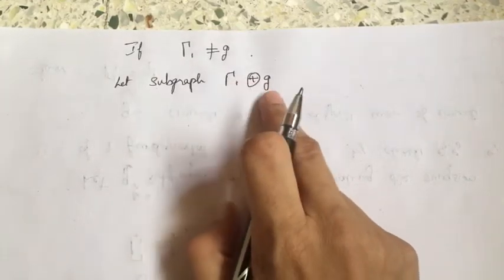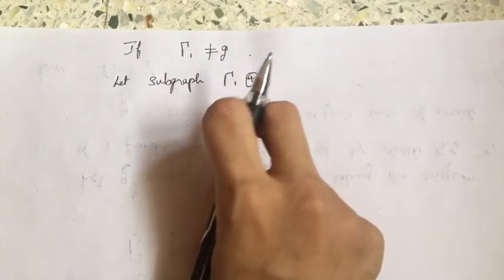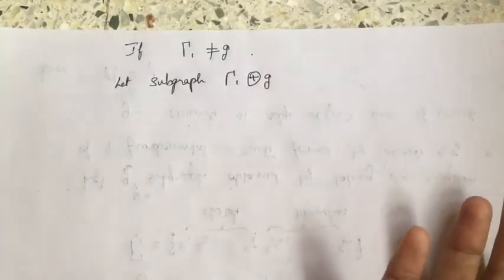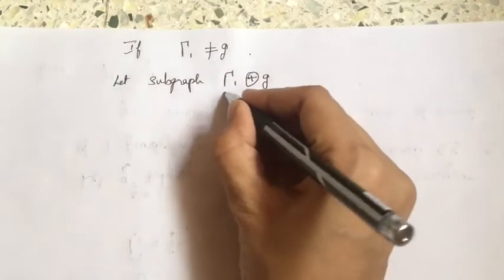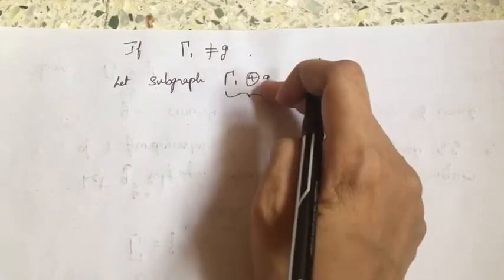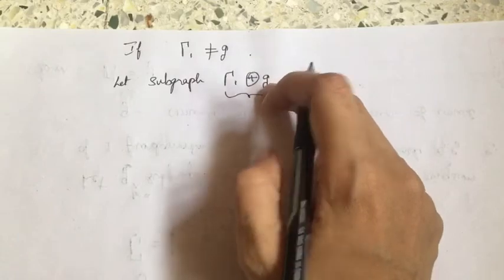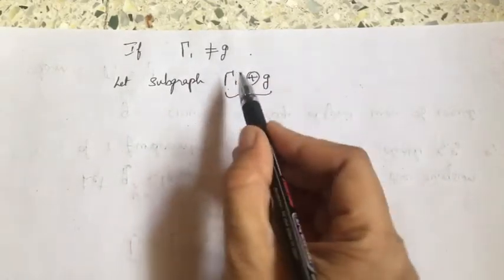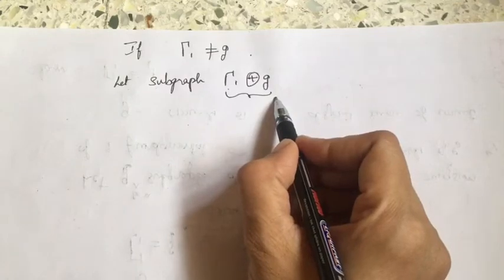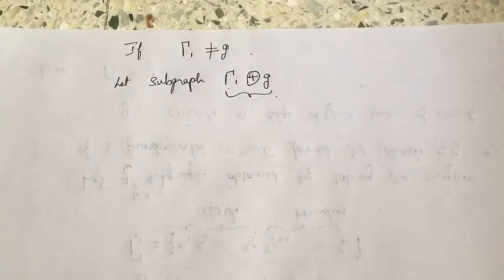So circuit and circuit, I'm taking a ring sum. So this must be a circuit or an edge disjoint union of circuits.